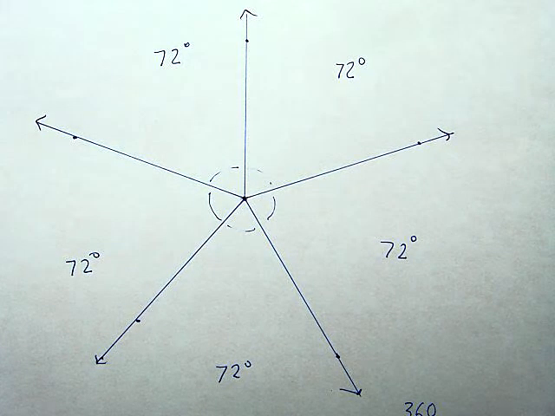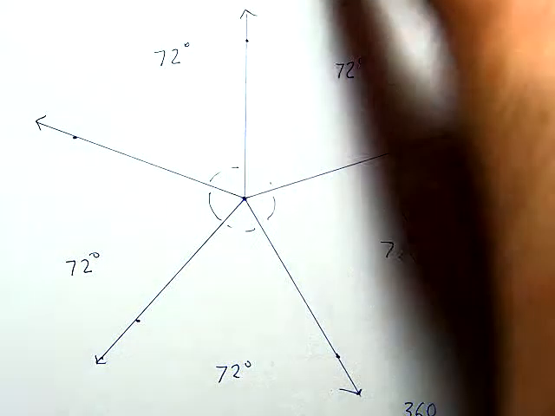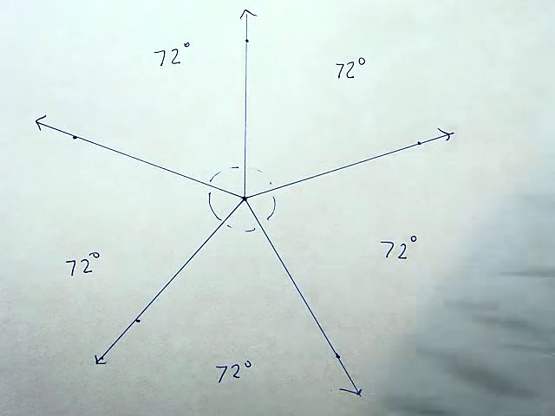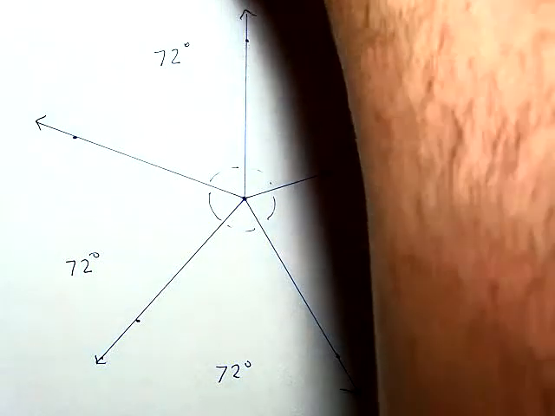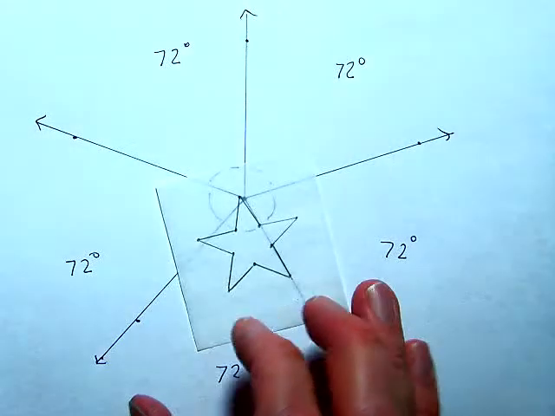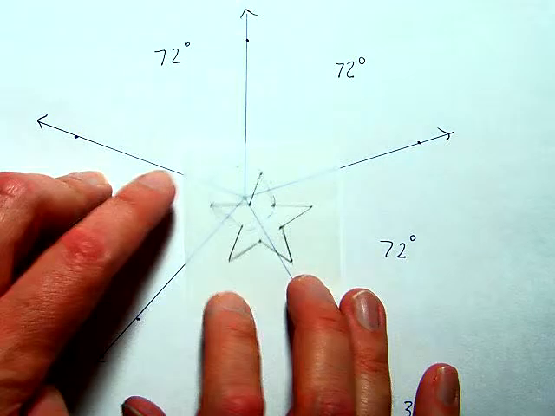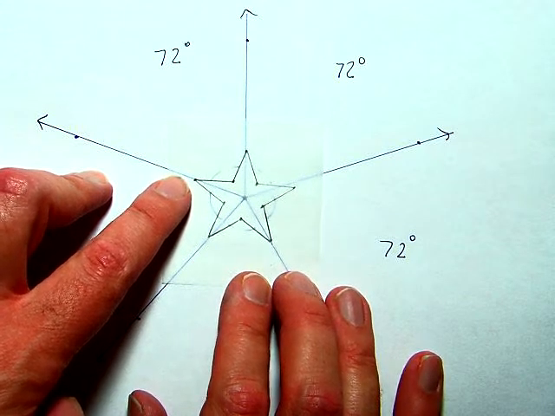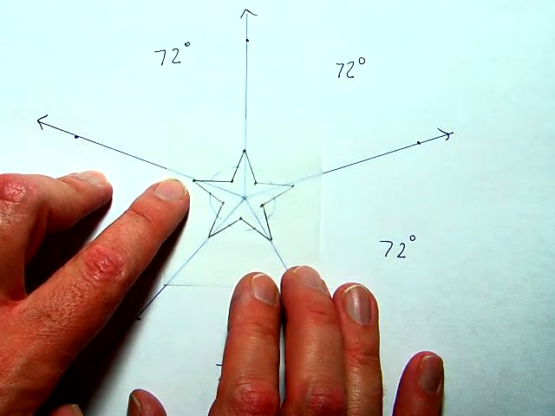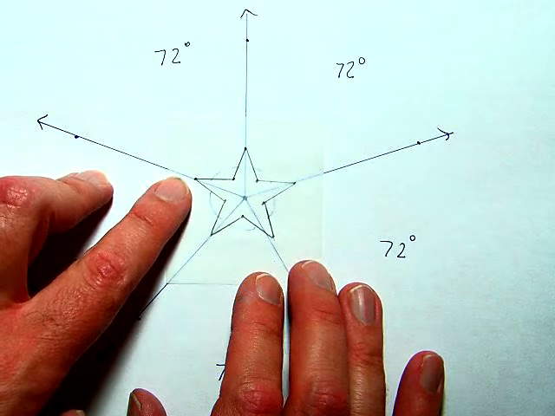Well, why did I draw this diagram? Let's take another look at this 5-pointed star, but what we're going to do is put it on some patty paper. So now I've got the 5-pointed star on patty paper, and I'm going to line up the star in such a way so that every one of its arms lays on one of the spokes.